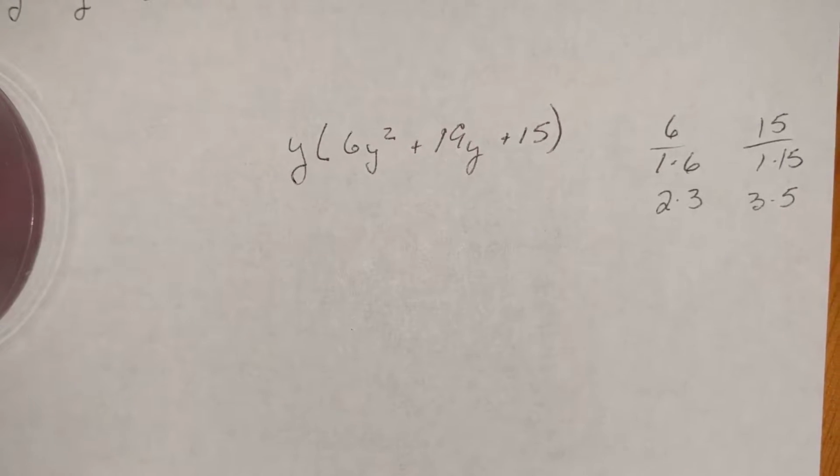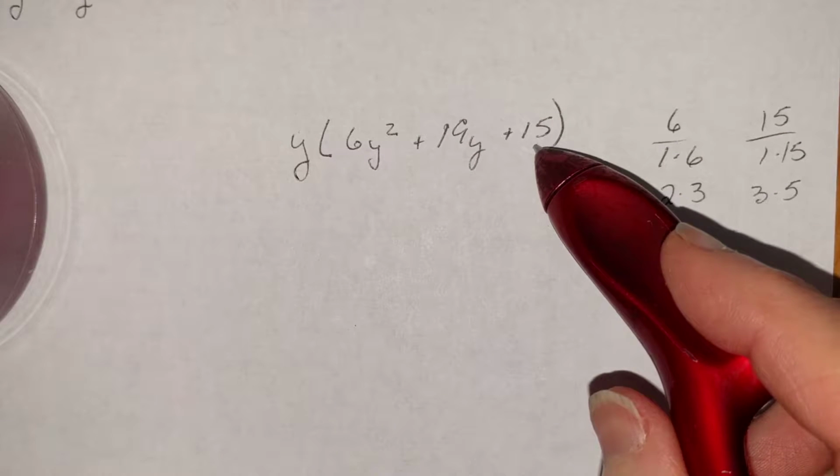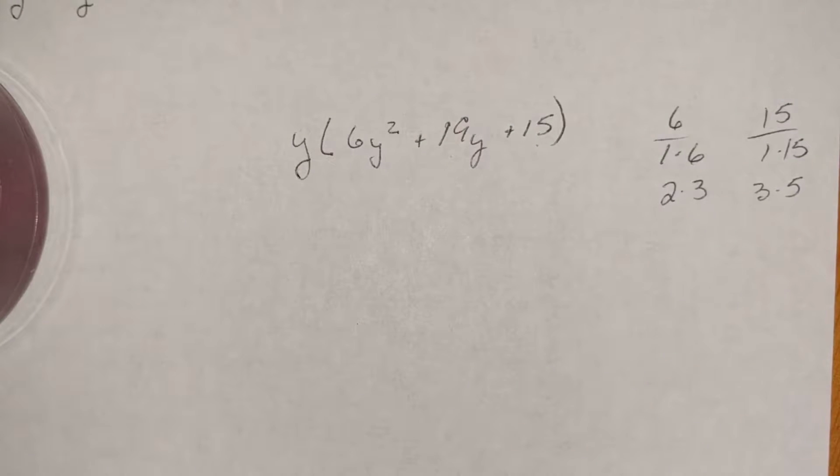So I'm looking for pairs of factors that multiply to 15 and I'm looking for pairs of factors that add to 19.